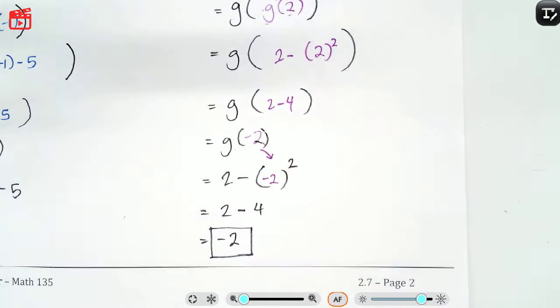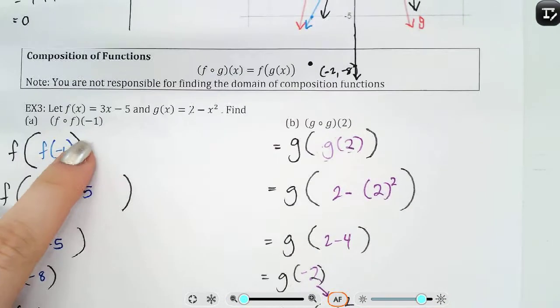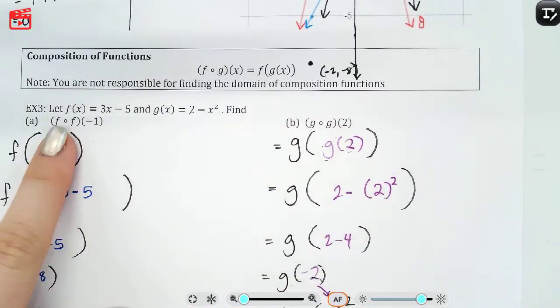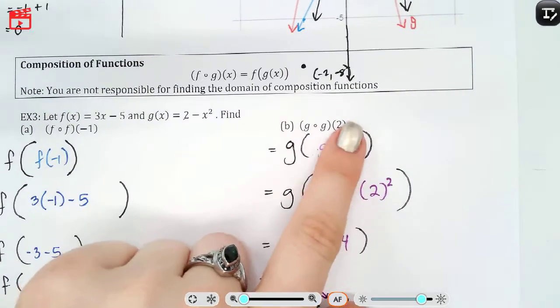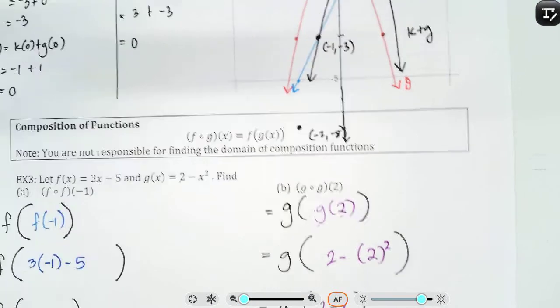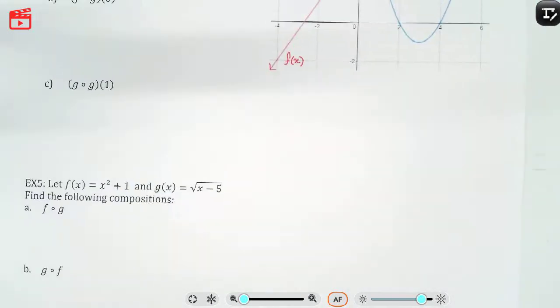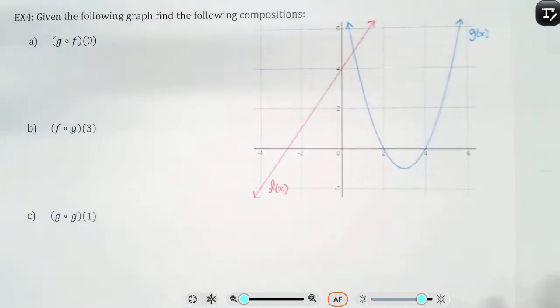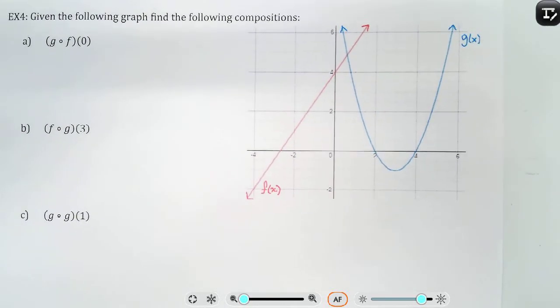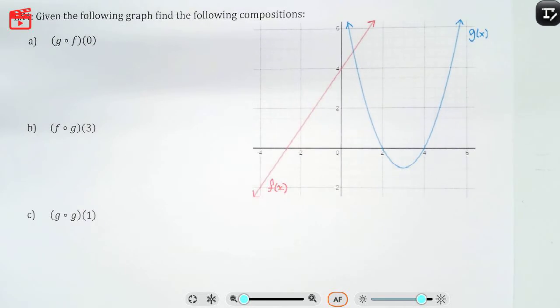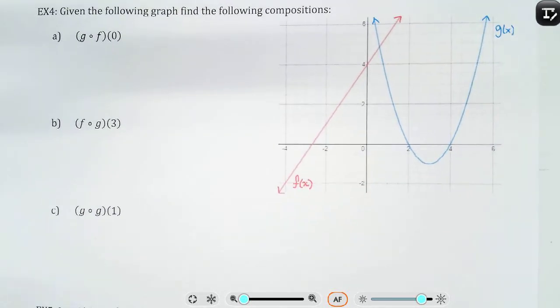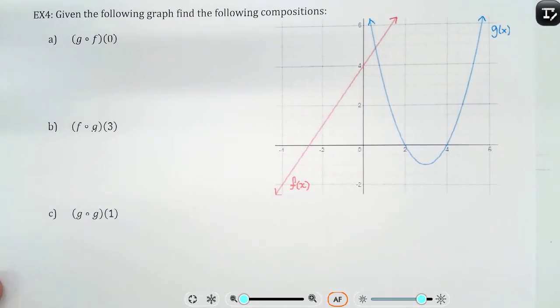There we go. Find the composition of functions when you're given a specific input. So notice here I was given a specific input, -1 for this one, and then 2 for this one. Okay, but let's see, page 2. This time, instead of being given equations, we're given the graph.